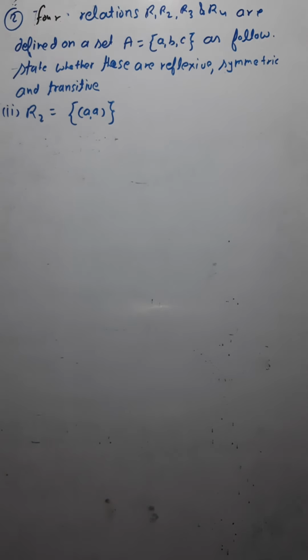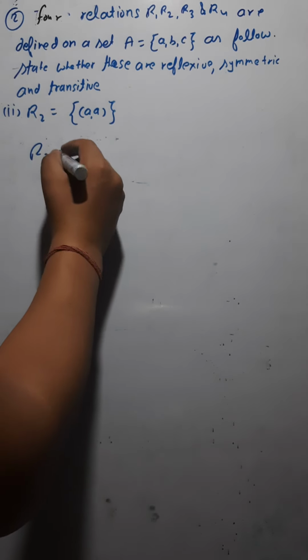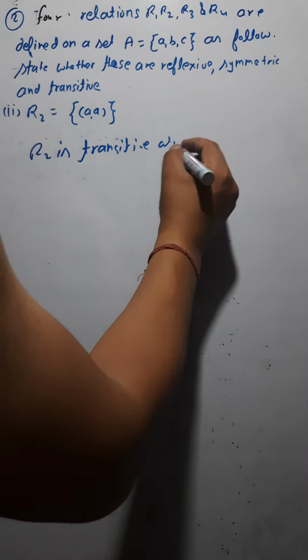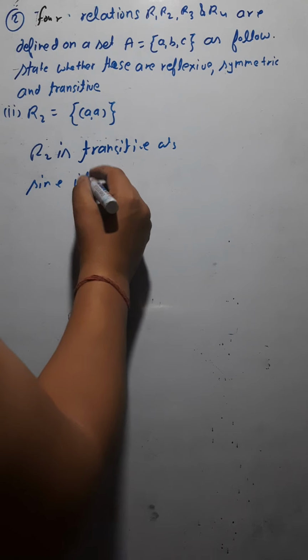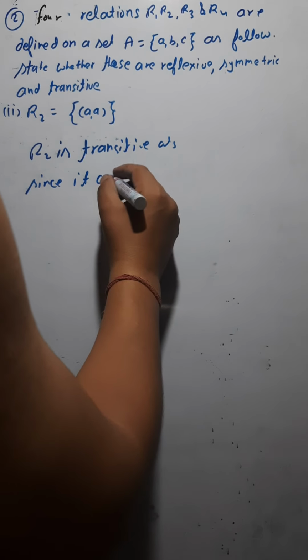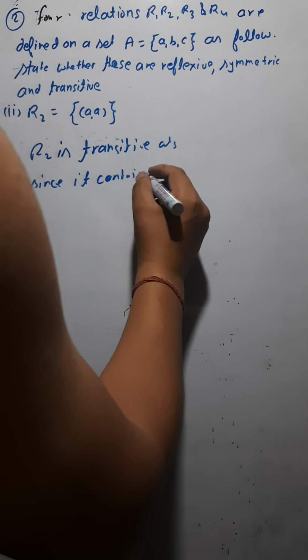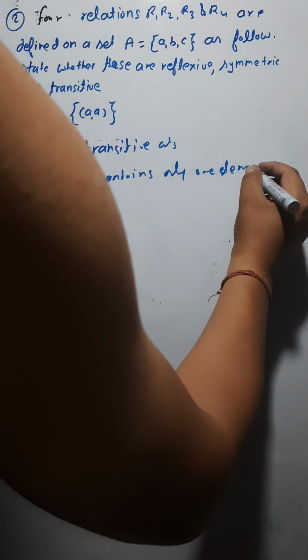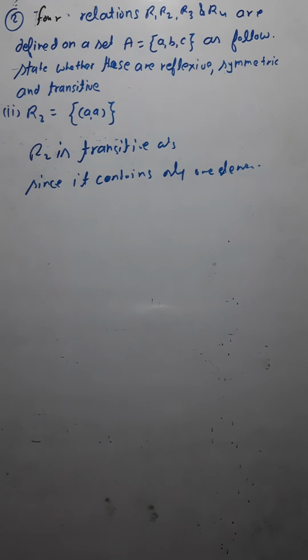But we have only one ordered pair there, so you can call R2 transitive also, since it contains only one element. Okay, so that was the second part of the question.